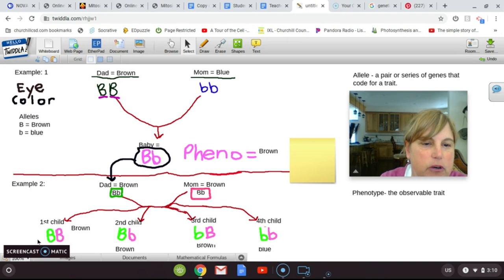So in this case, these were all the possible options of the children that this mom and dad could have.